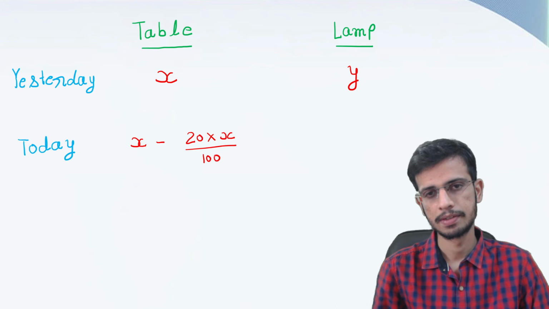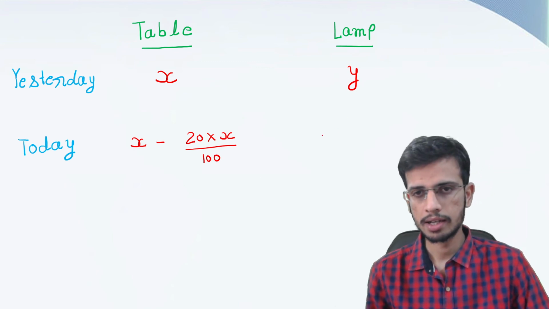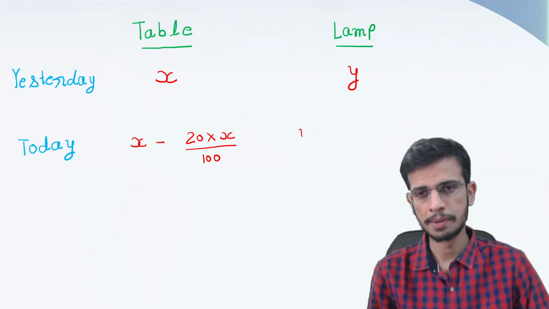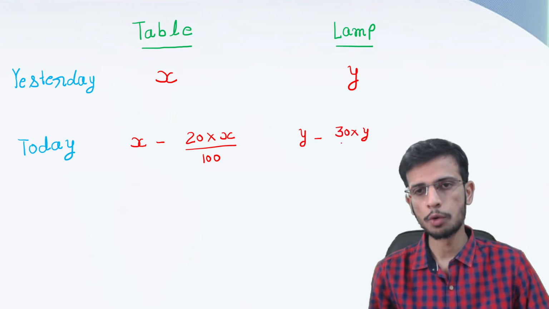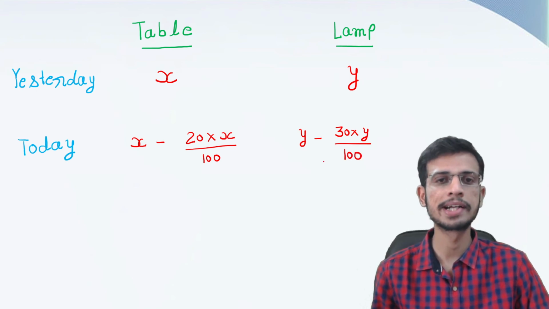And the lamp's price got reduced by 30%, so Y minus 30% of Y. What are quantity A and quantity B? That is the reduction in the price of the table and the reduction in the price of the lamp respectively.